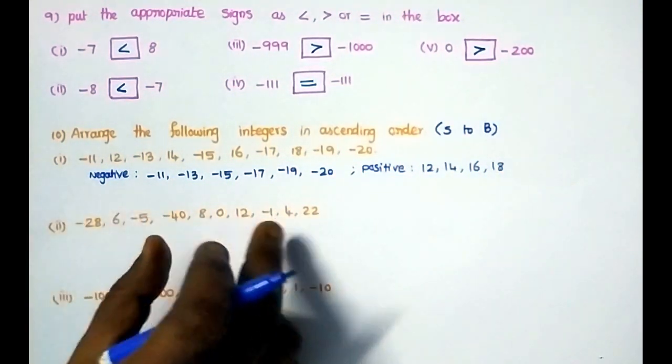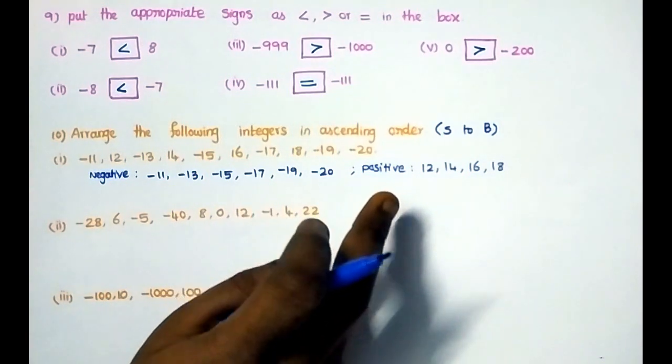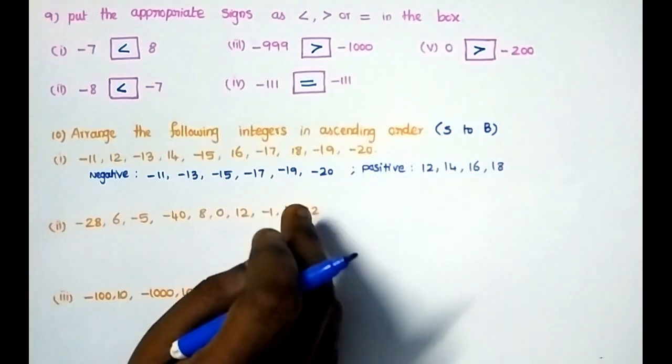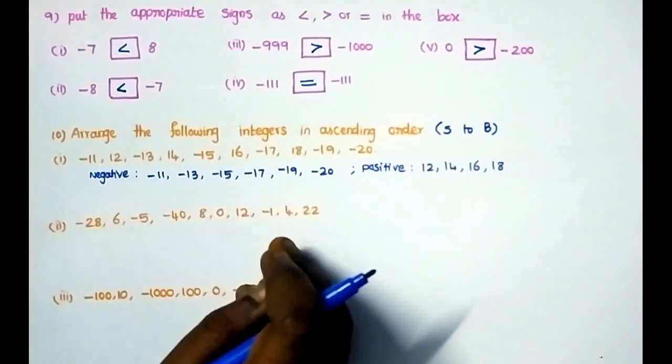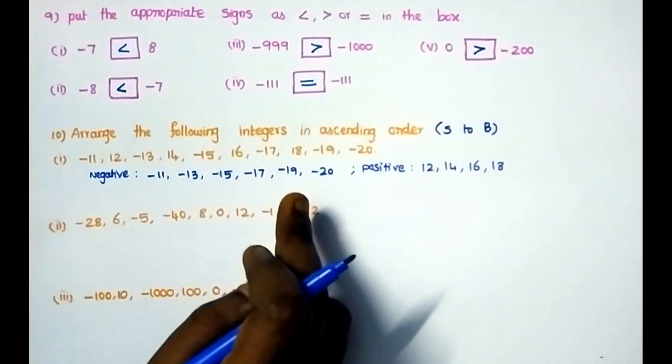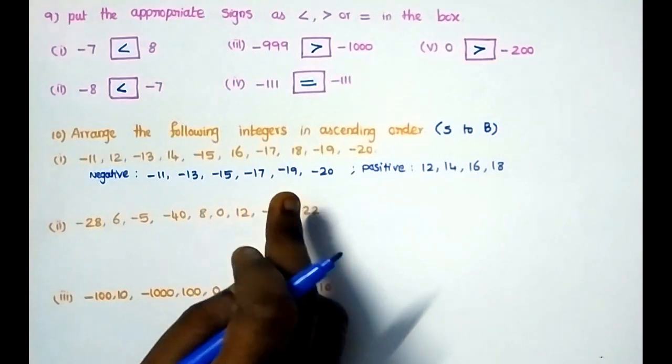Now write down in ascending order, means small to big. Which one is smaller here? In negative numbers, which one is the greater number, that value is small.